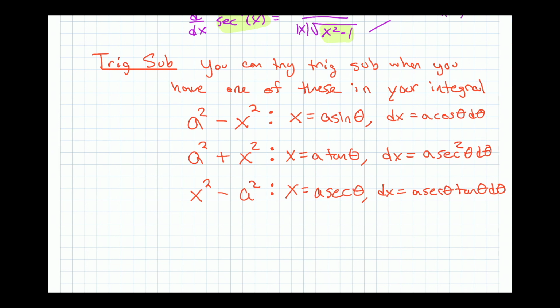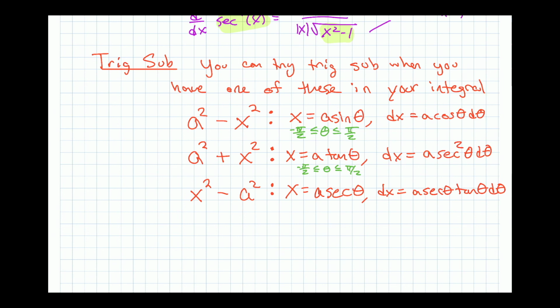Wrote something. So a sine theta. For sine theta, you want the one that I actually already said, right? You want theta in negative pi over 2 to positive pi over 2. And for tangent, you also want negative pi over 2 to positive pi over 2. And for secant, it's actually different.